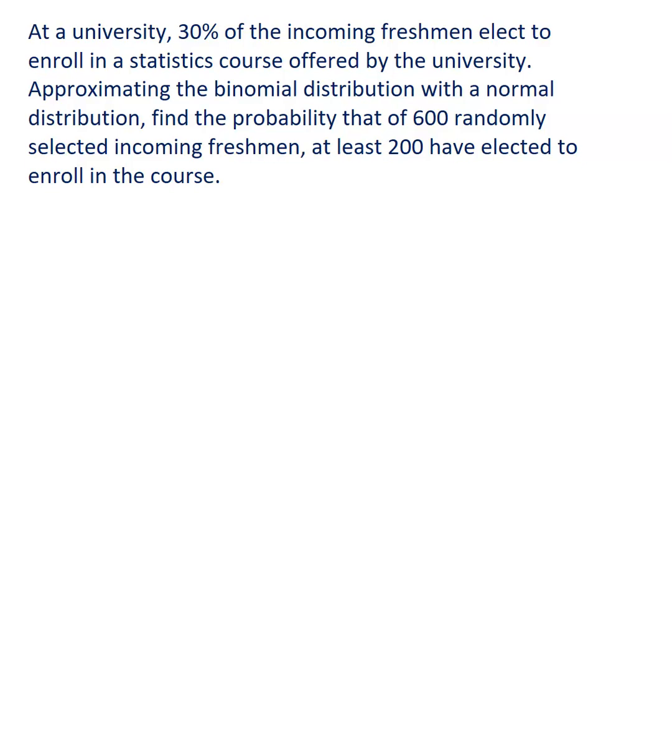Okay, so let's try to figure out what we have here. Now we are told that x is binomial n comma p. So what is n? N is 600, right? And p, probability, is how many enrolled in the statistics course.